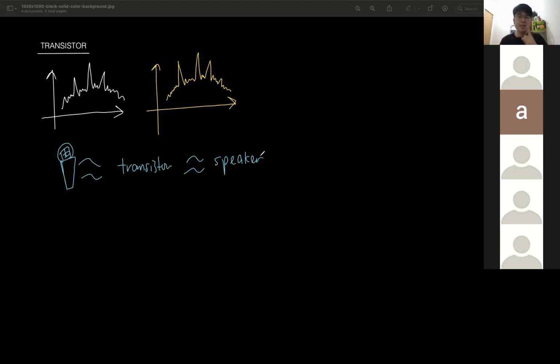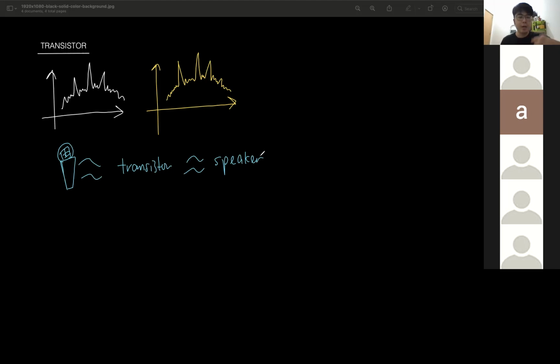So what is the function? The main function of transistor is to amplify the current from the microphone, and then it's sent to the speaker, and then you produce a sound that can be heard. So it is the core or the main component used in amplifier.